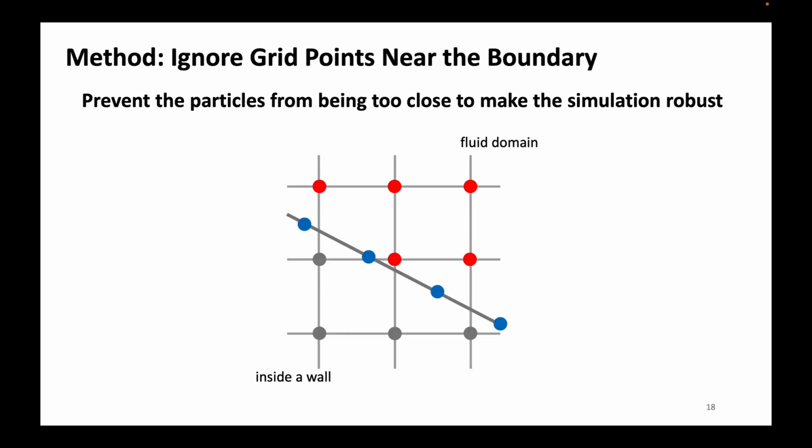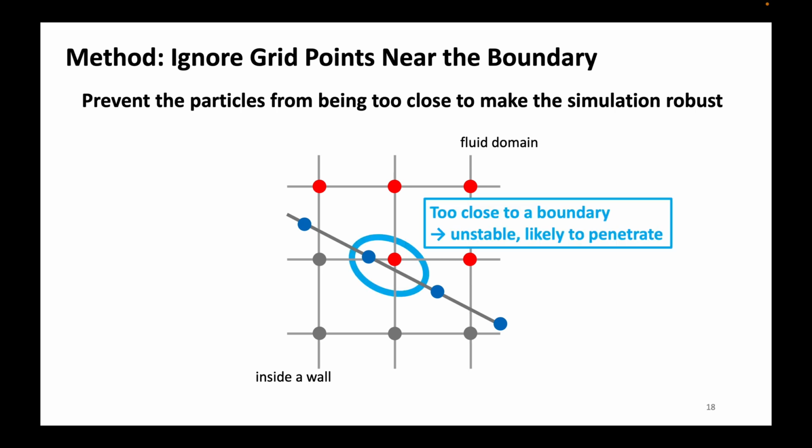However, after assigning additional points on the boundary, some of the boundary points are too close to the existing regular grid points. Such close points make the simulation unstable. Furthermore, when the regular grid point is on the intermediate of two boundary grid points, particles are likely to penetrate around that regular grid point.